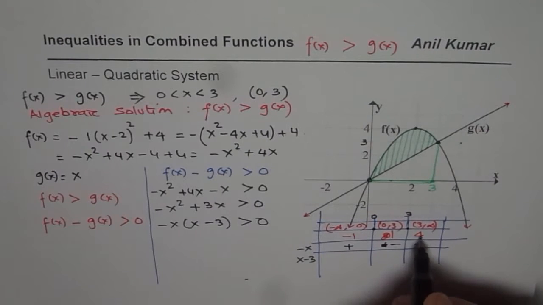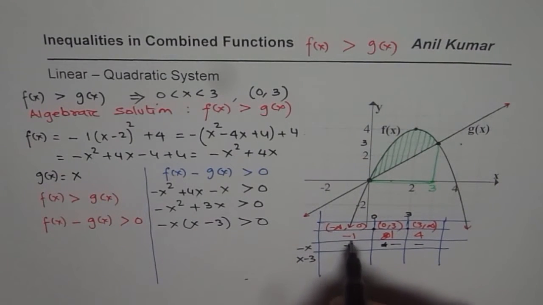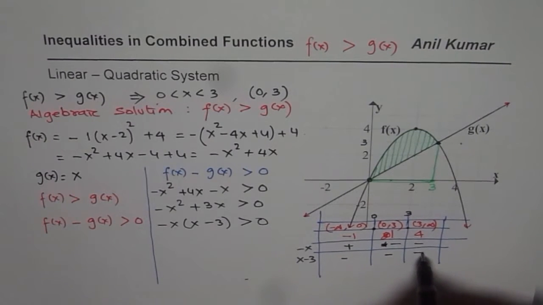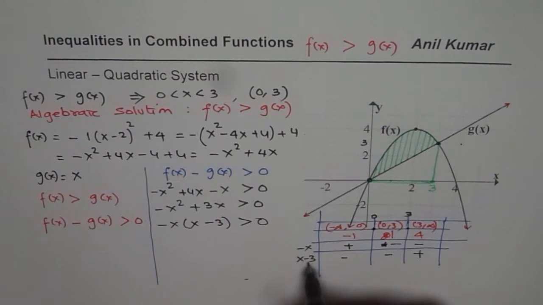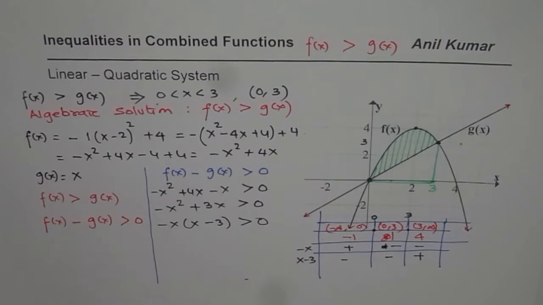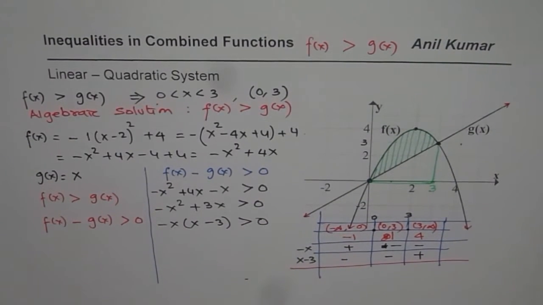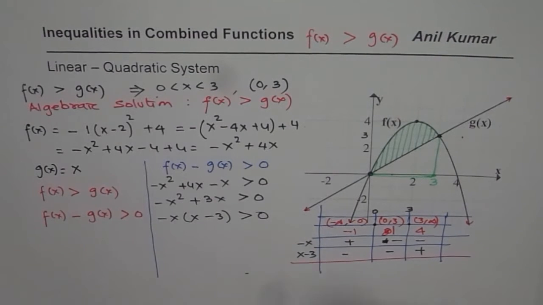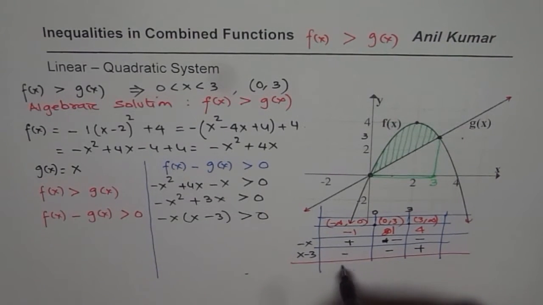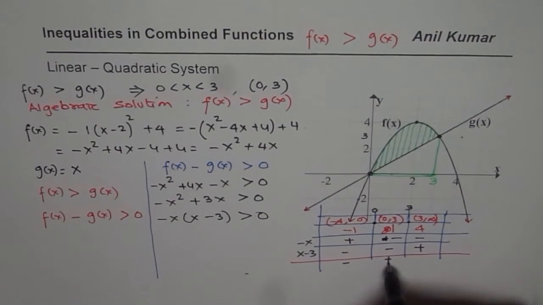And this will be negative for 4. If I substitute this in the second factor, I get negative, negative, and positive. When I multiply these two, do I get a negative or positive result? That decides. So when I multiply these two, I get negative here, positive here, and in this case, negative.